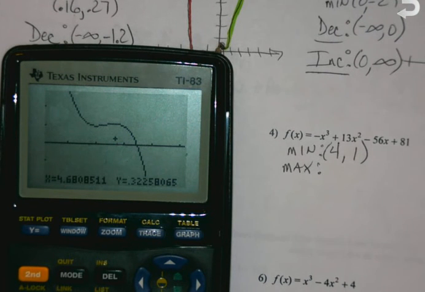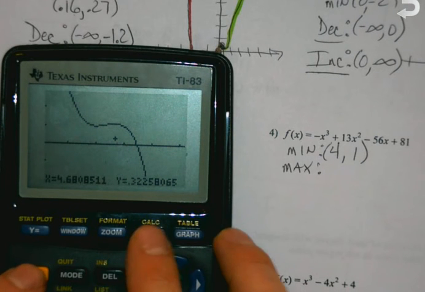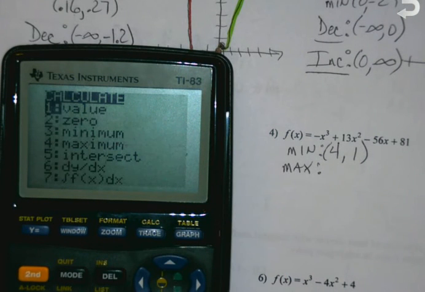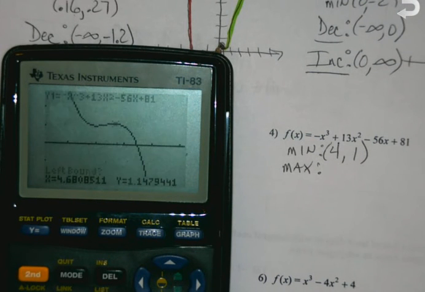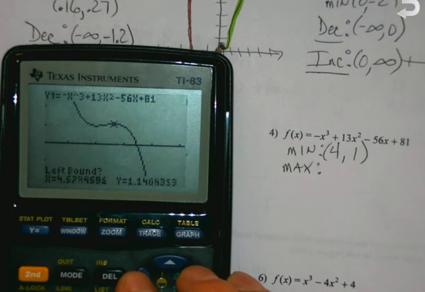Now, since we've found that minimum, if I want to go back and do second trace, I can try to find my max. I would say zoomed in, so we're testing out about that point where the blinker is at, about where my cursor is at. And again, I want to give myself plenty of space to check.